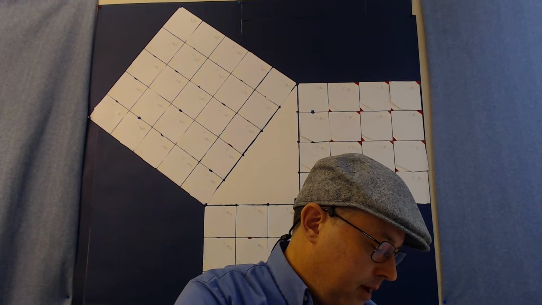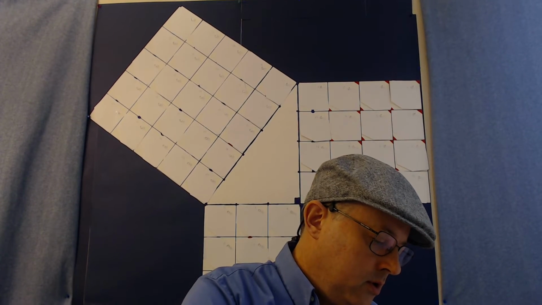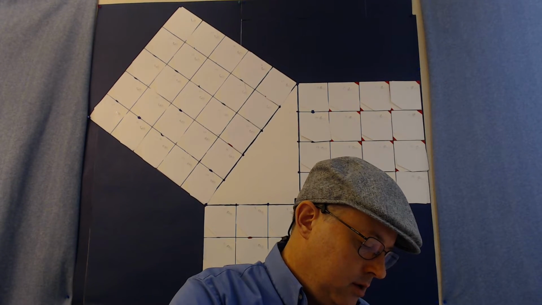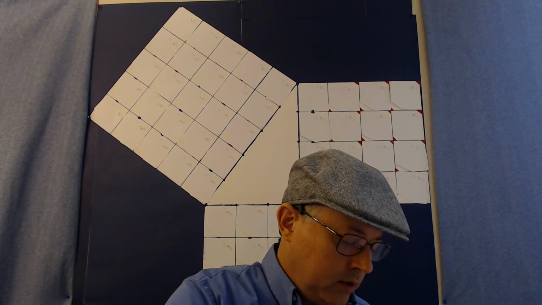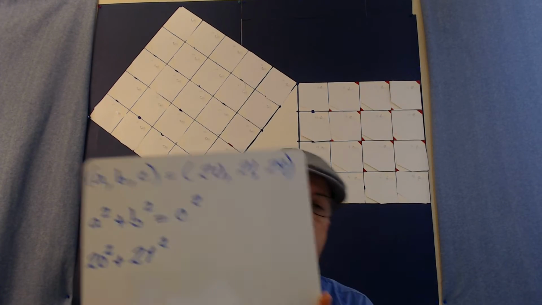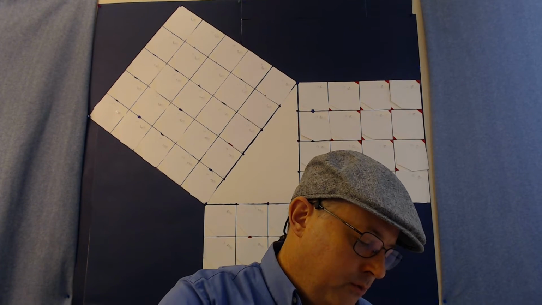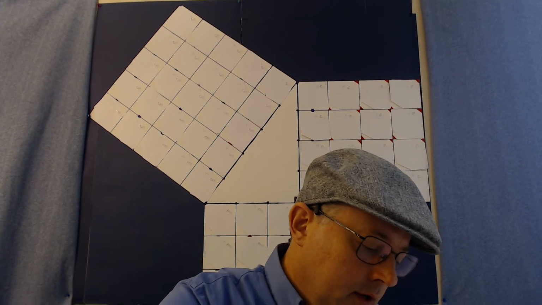If we have a squared plus b squared equals c squared, and we say a is 20, so that's 20 squared, plus b is 21 squared. Let's see, 20 squared is 400, and 21 squared is 441.